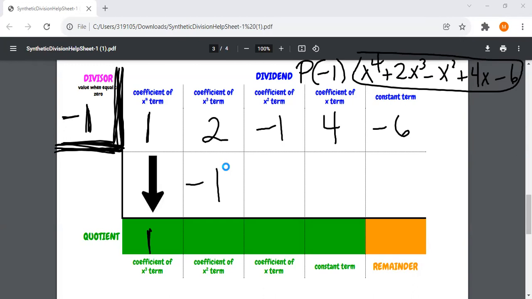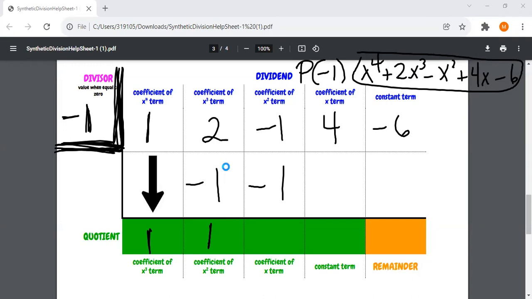Now 2 minus 1 is 1. 1 times -1 is -1. -1 minus 1? No. Okay, what was it again? -1 minus -1.